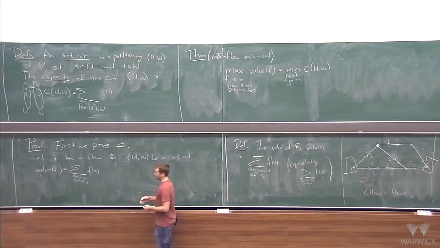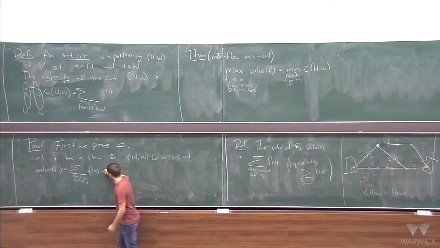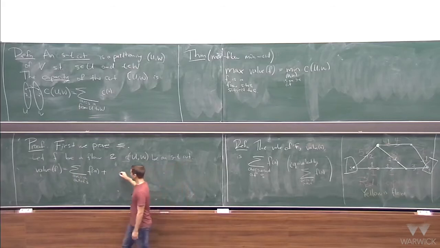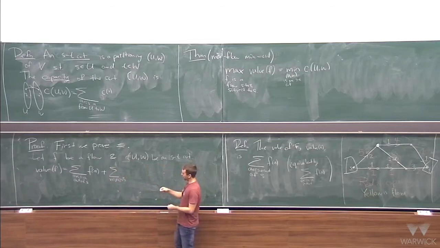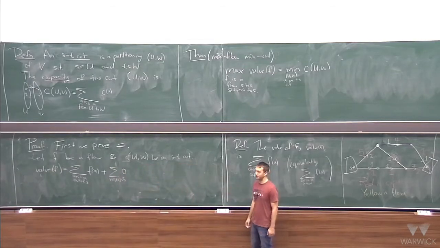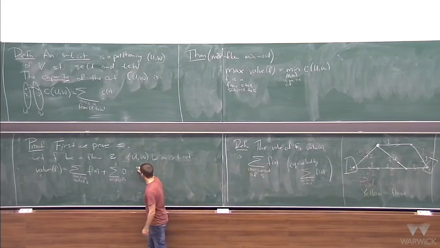So I'm going to add 0 a lot of times. Of course, the value is this, but if I add 0 to it, I don't change anything. So here I'm summing over all V in U minus S, and I just write 0. It's no problem to add 0 a lot of times. But then I can change the 0 into something else.